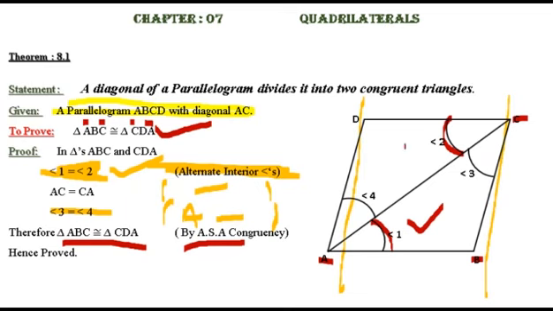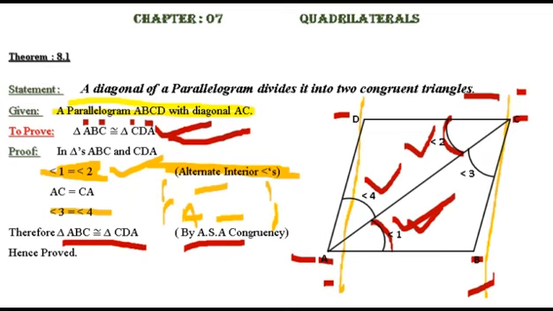So this correspondence gives me alternate interior angles. If I had chosen, let's say, ABC and then ADC as the names of the triangles, then in the position of angle 1 there will be angle 4, and they won't be equal to each other. So this correspondence is such that it gives me equal alternate angles. That's why the name was chosen in that manner. Hopefully you understood it. Thank you.